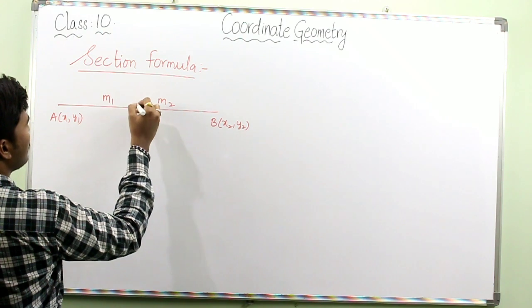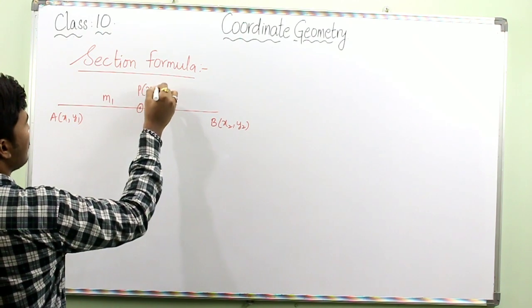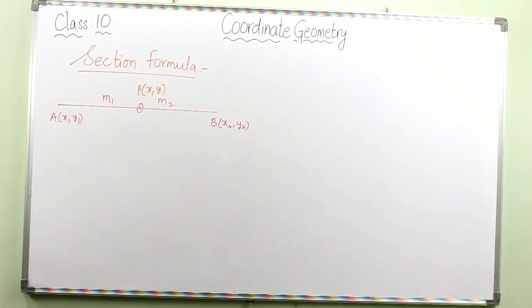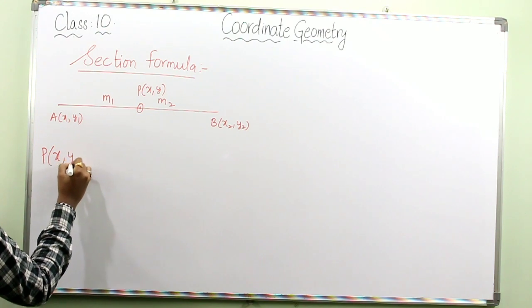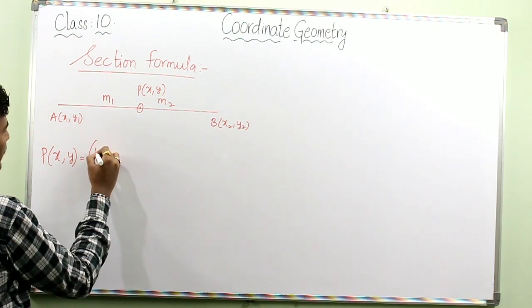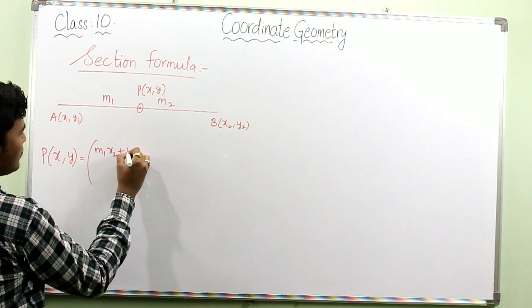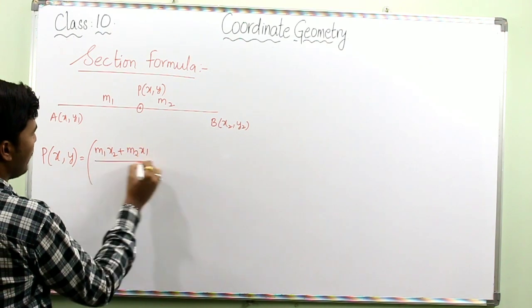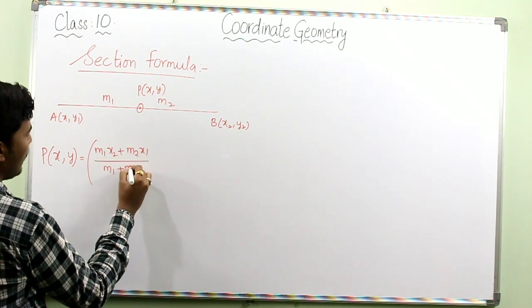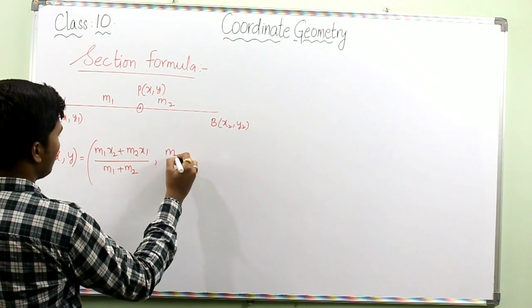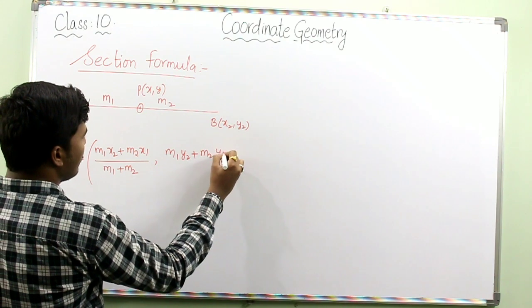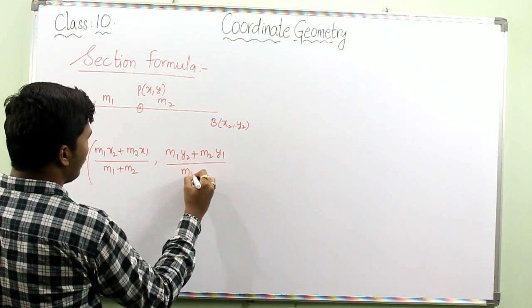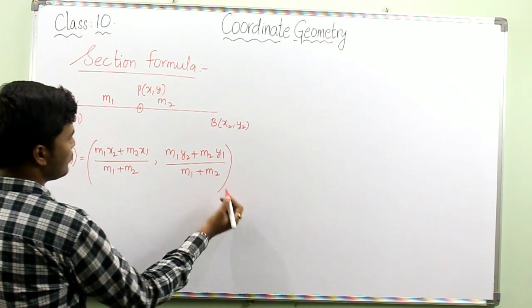If we wanted to find the coordinates at which it is getting divided in the ratio m1 is to m2, then it is given by P(x, y) equals (m1 x2 plus m2 x1) by (m1 plus m2), comma, (m1 y2 plus m2 y1) by (m1 plus m2).